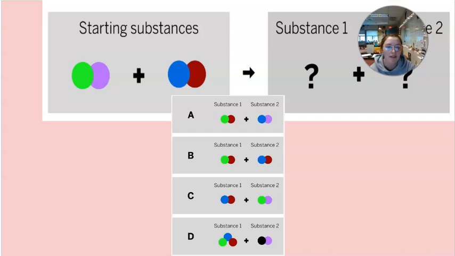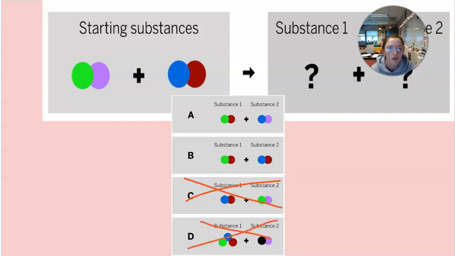Well, it can't be C, because C is just these exact same molecules, but flip-flopped. So it can't be C. And now my question's pretty easy. If I know that I had to have 4 in the beginning, I have to have 4 in the ending. Now I'm just seeing which one has all 4. So D has this extra black one down here that didn't show up in the beginning, so it's not that one.